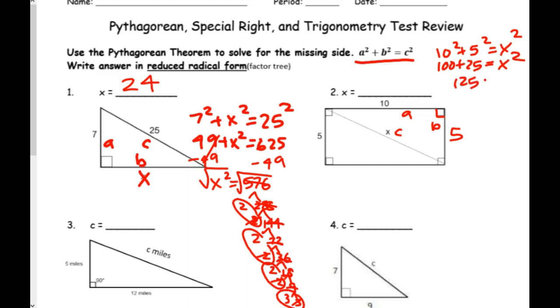So 125 equals x squared. To get rid of that square, we square root both sides. Square root of 125 is 5 times 25, and then 25 is 5 times 5. Now we have one pair of 5 and one loner 5. So that is 5 square root 5.